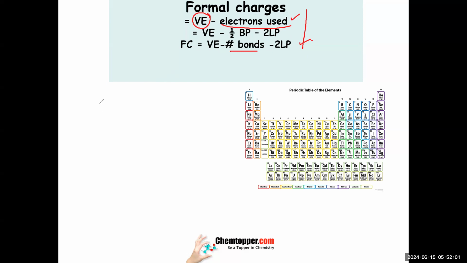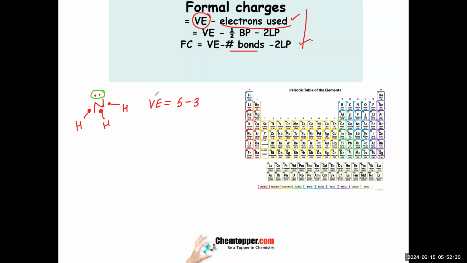For example, if I give you NH3, can you tell me how many valence electrons nitrogen has? 5. How many is it using in bonds? The number of bonds is the number of electrons used by nitrogen for bonding. And how many are there as lone pair?